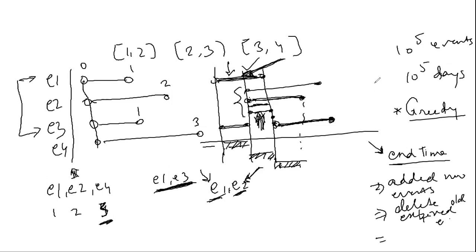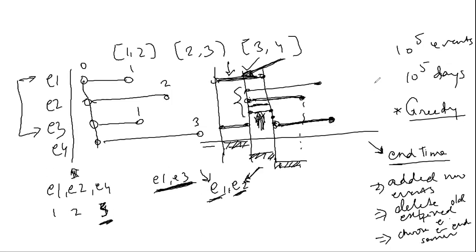And now finally, when I'm going to choose something which I can do, I will check my notebook. Among, say, 10 events, which one should I choose? Whichever has the least end time, whichever is ending soon, right? Choose the event ending sooner.